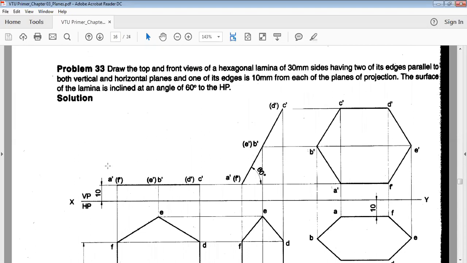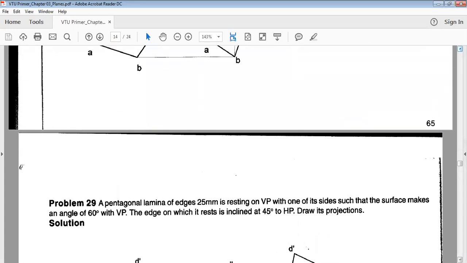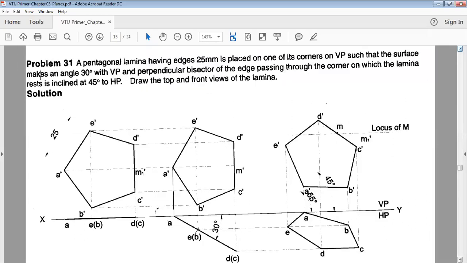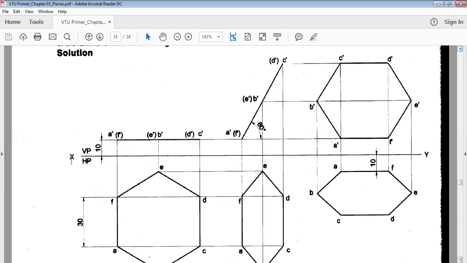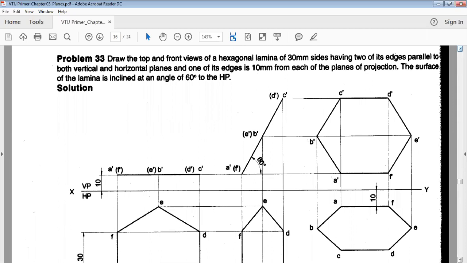So here, what is given with respect to HP?